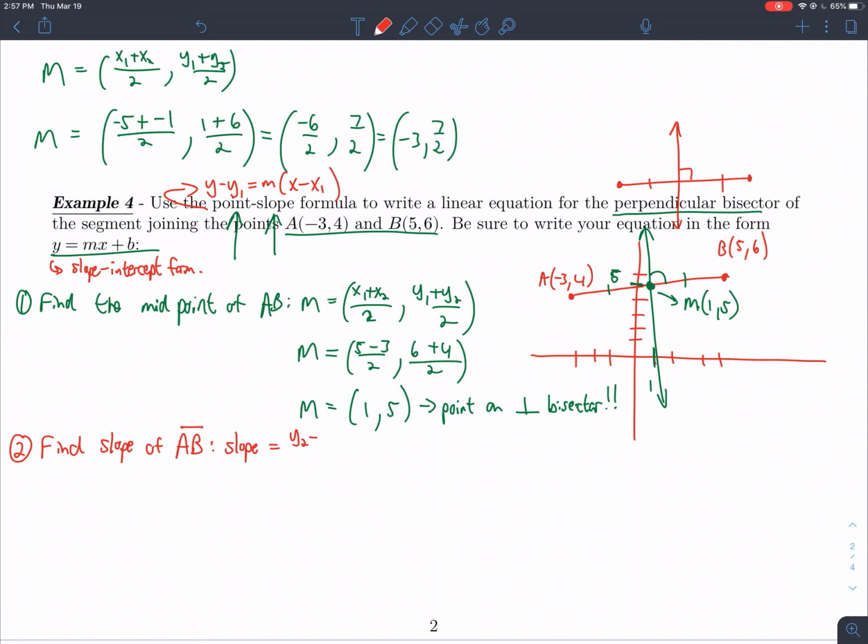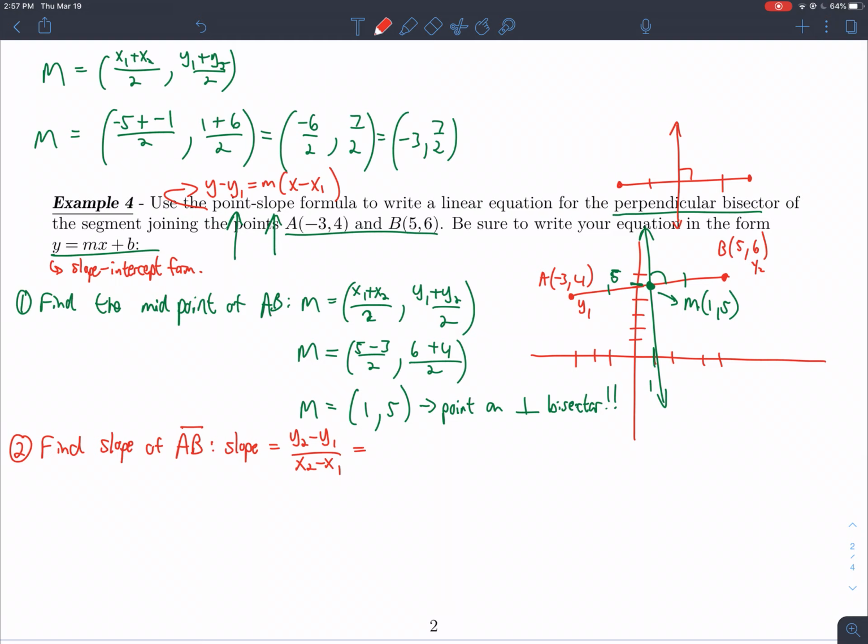Y2 minus y1 over x2 minus x1, which is also the same as rise over run. Now, since we went to the time to draw the picture, you can just count the slope by doing rise over run, or you can plug in the numbers. Either way is fine. So if you want to plug in the numbers, we can call this y2 and we can call this y1.